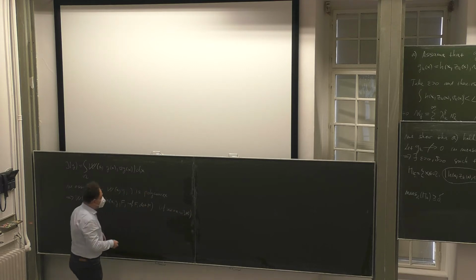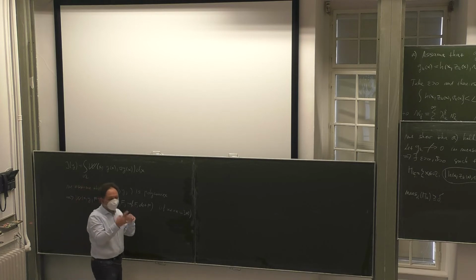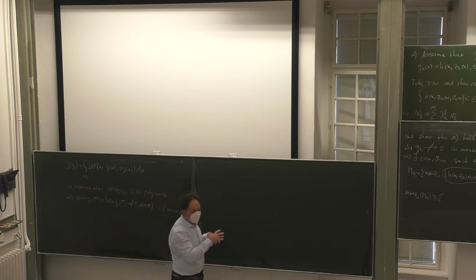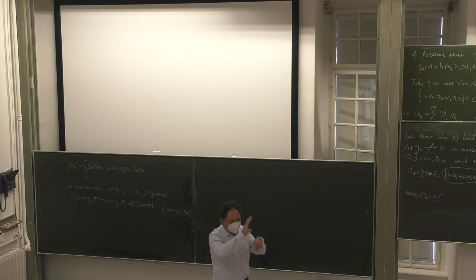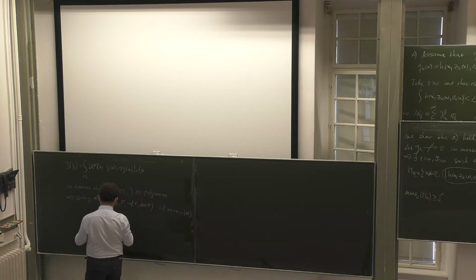If you are in the 2 times 2 case, you can forget the cofactor, because in 2 dimensions, the cofactor matrix and the original matrix are the same. They only rearrange the entries. So if you know something about F, you already know something about the cofactor. And so here you need convexity.